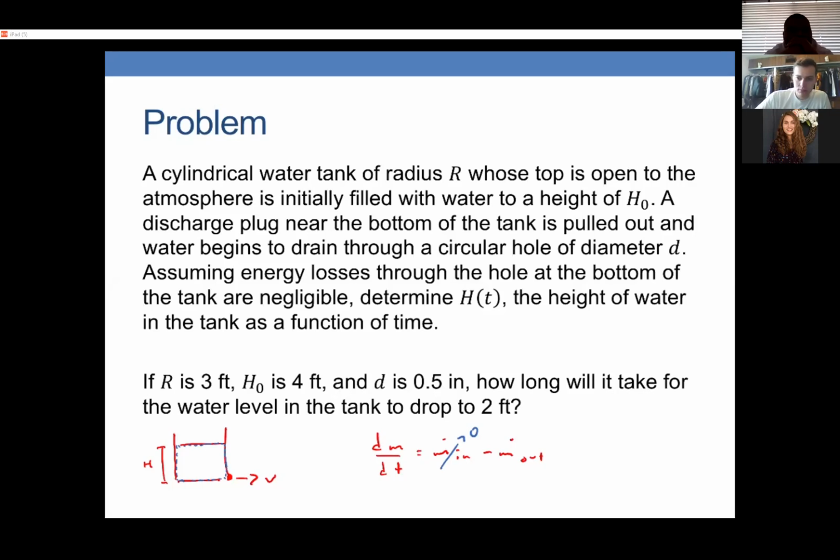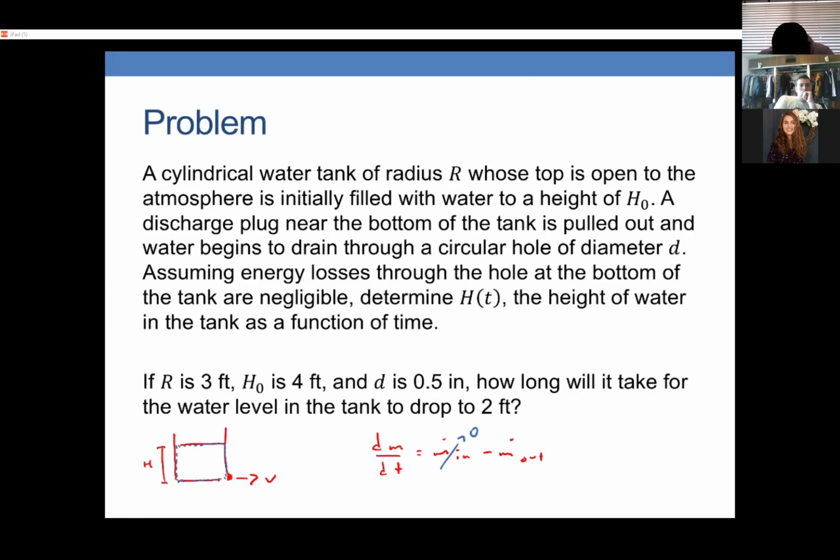Imagine a bathtub, and you have water going into the bathtub from the spigots, and then the drain is unplugged, so it's also going out at the same time. And so then the water level could be building up, or it could be draining down, depending on the relative rate. But in this case, there's no m dot in, only out.